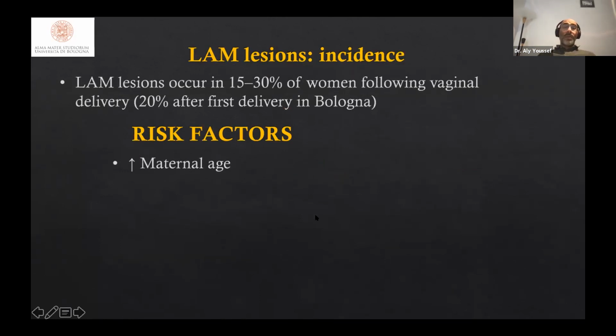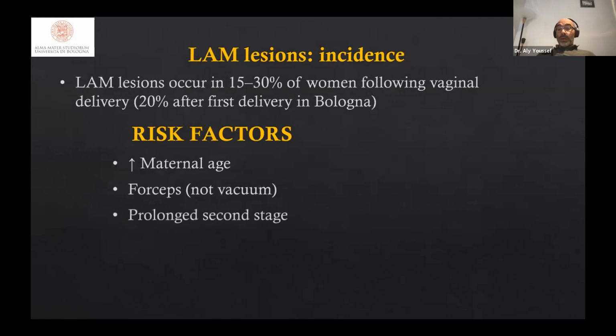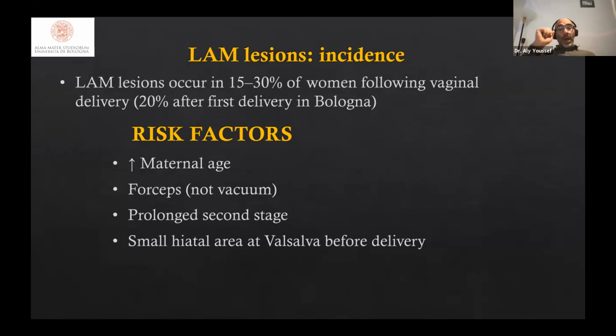And there are some risk factors that we do know, like increasing maternal age, forceps delivery, a prolonged second stage of labor. Women who have a small hiatal area, the small dimension of the area included inside the puborectalis muscle, have a higher risk of undergoing damage of the levator ani muscle.